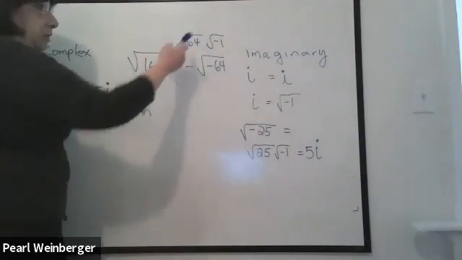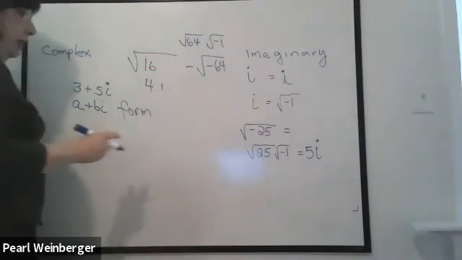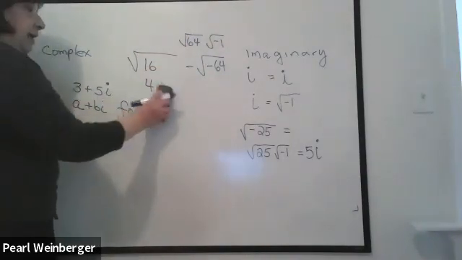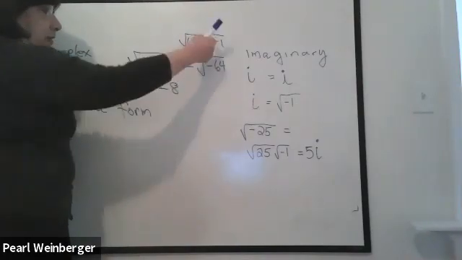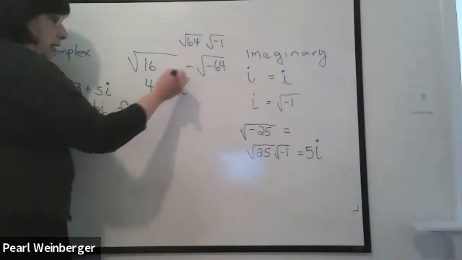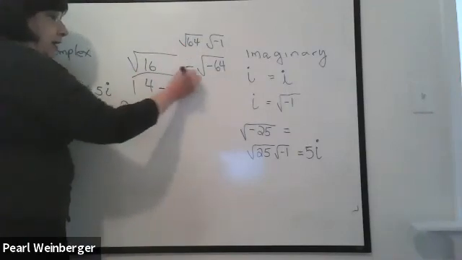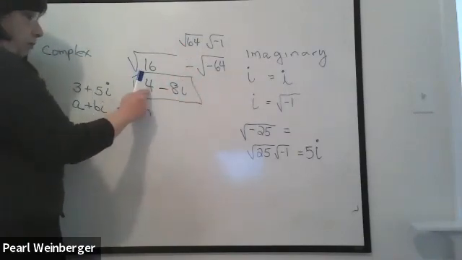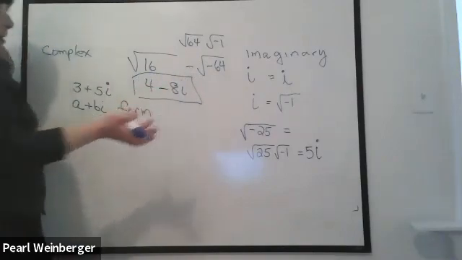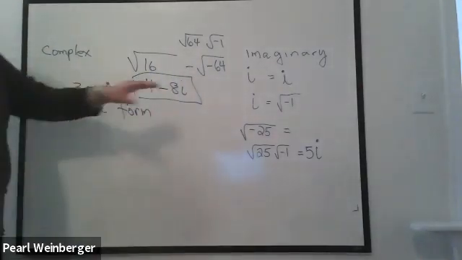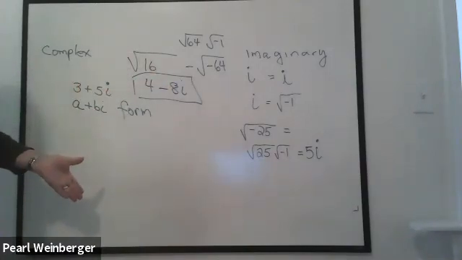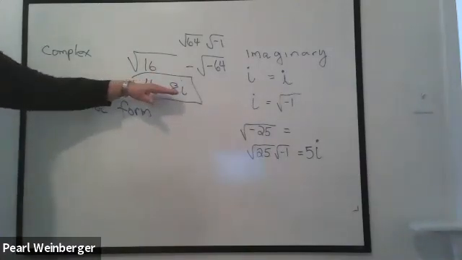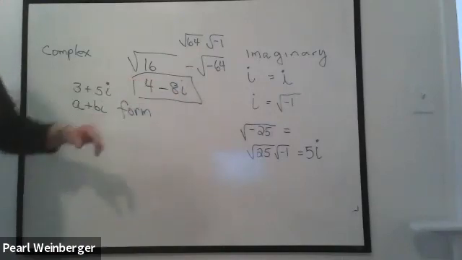And the square root of 64 is 8, so this is minus 8, and the square root of negative 1 gives me i. This cannot be simplified any further because the 4 and the 8i are not like terms. Think of it as 4 minus 8x. You couldn't combine them further with that. So the same thing over here, you cannot make this simpler.